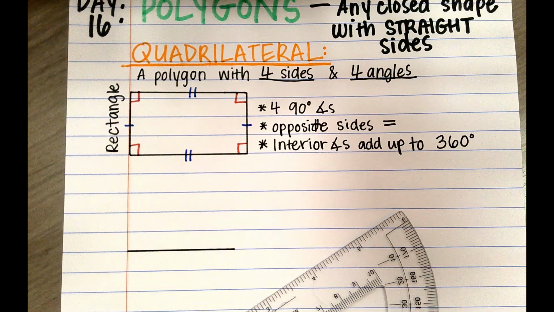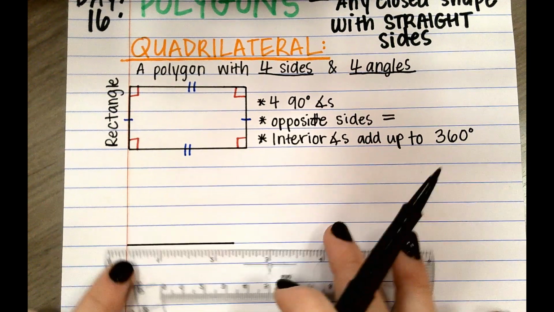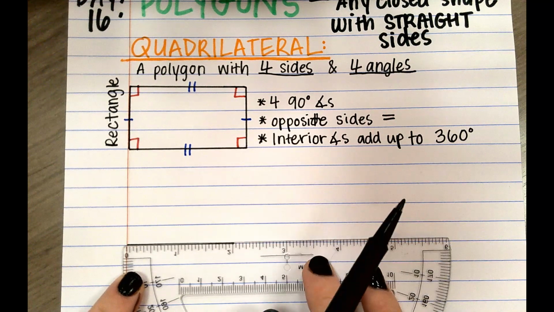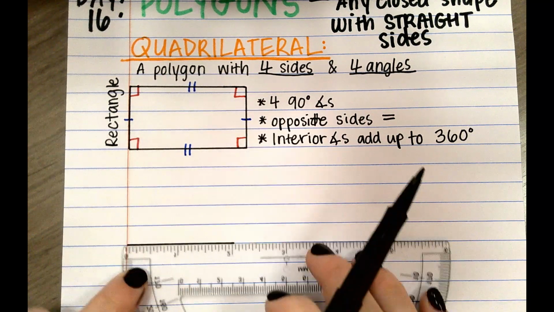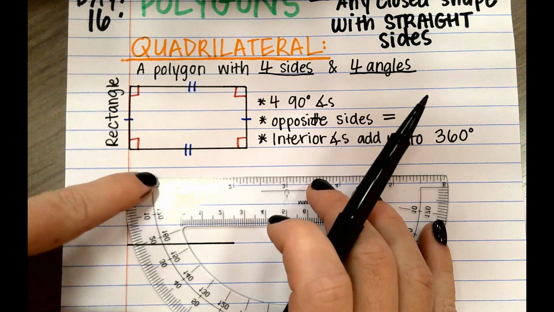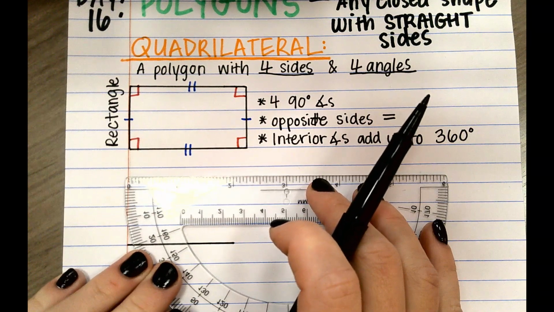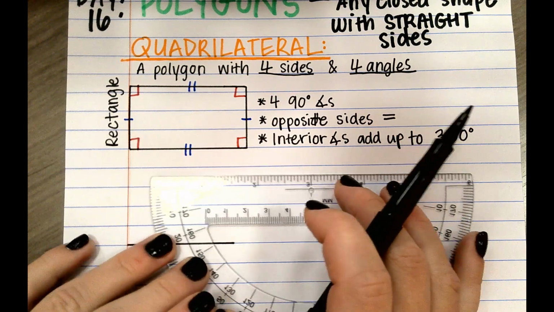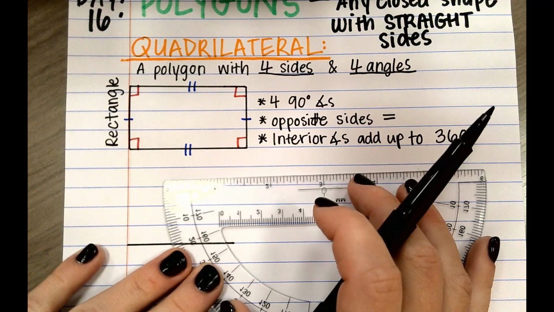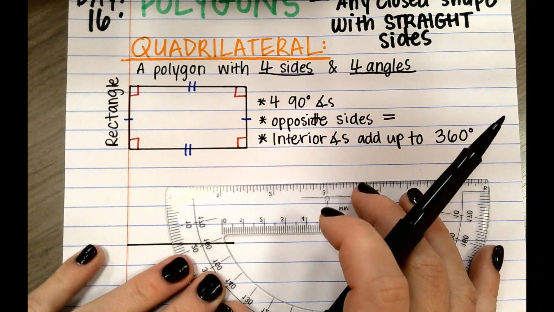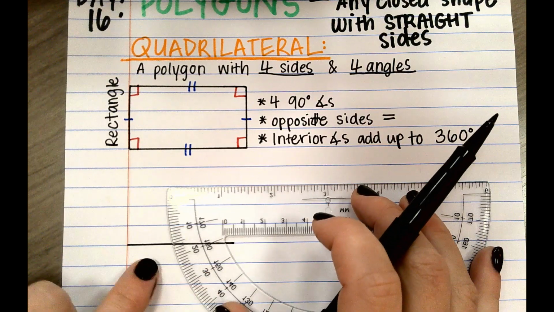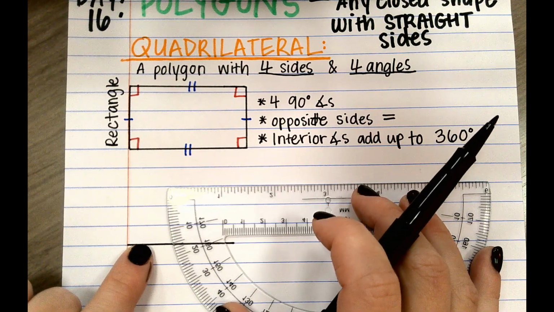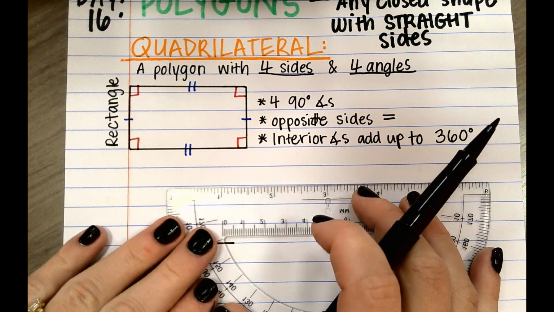Now a parallelogram, what I'm going to do is instead of drawing an opposite side right across from the base, I'm going to slide my measurement over just a little bit. And I'm going to draw another line the same length parallel to this line, but not directly over the top.